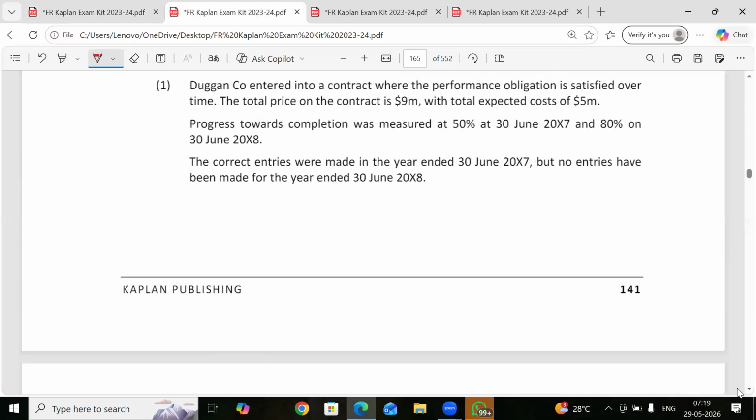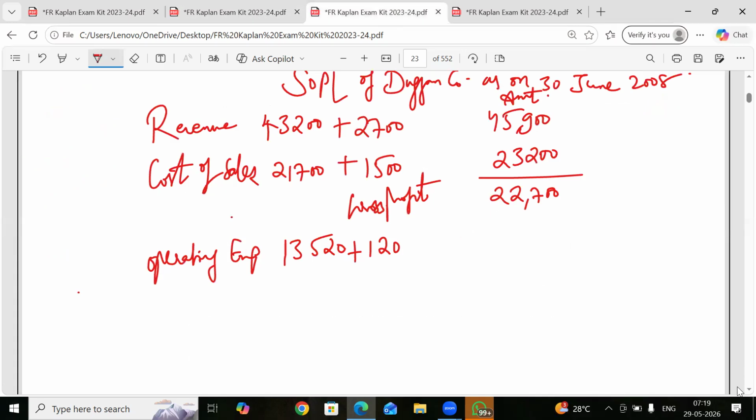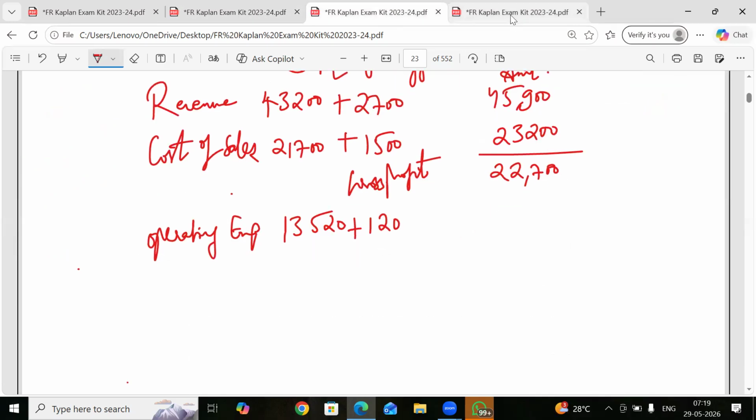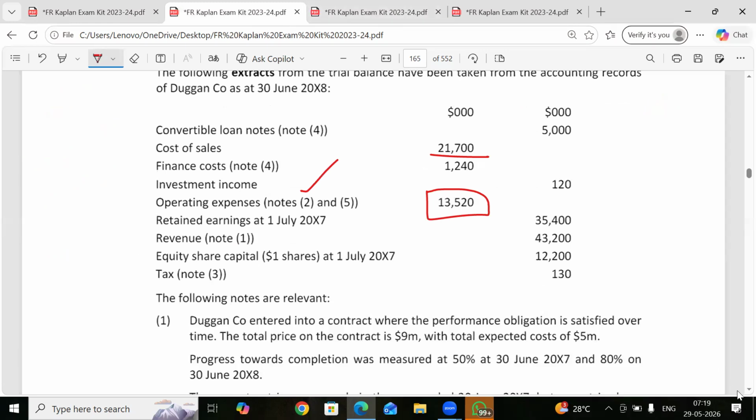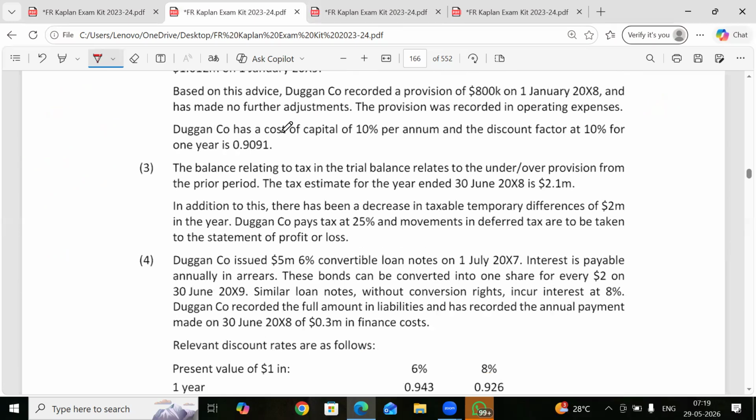Next adjustment. We will go for the next adjustment, that is tax.